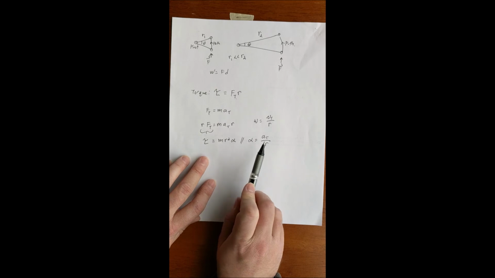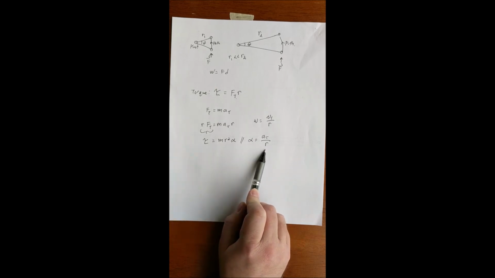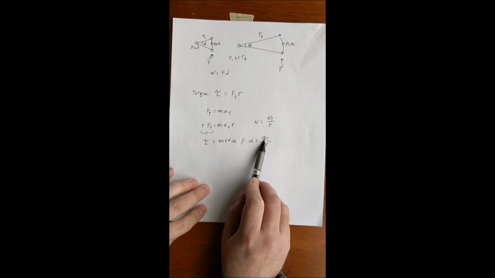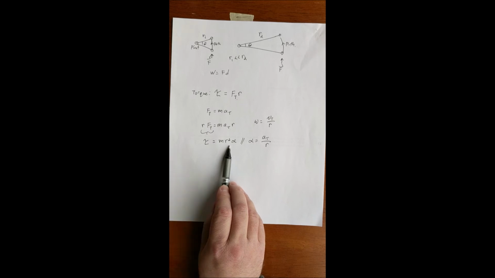Angular acceleration is equal to tangential acceleration divided by radius. So we're just taking this a_T and subbing it into there, and then we get this equation here. Hopefully that's pretty clear.